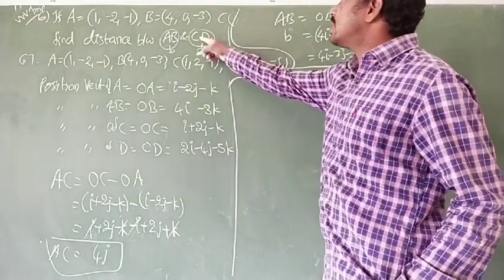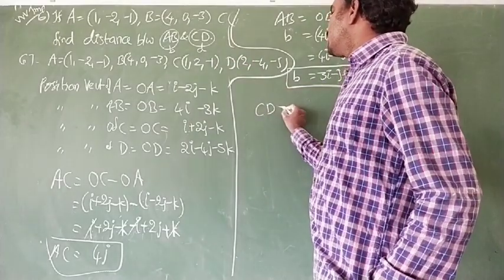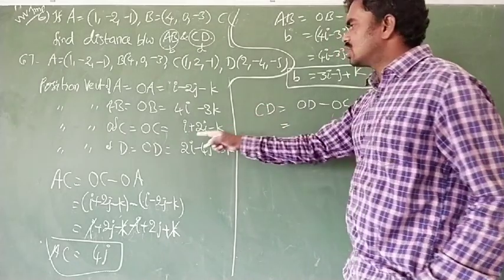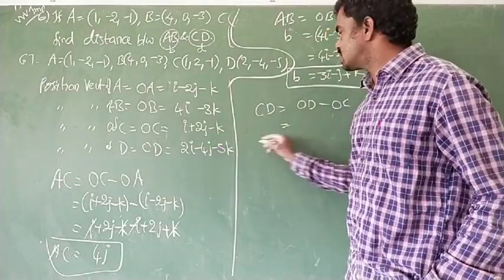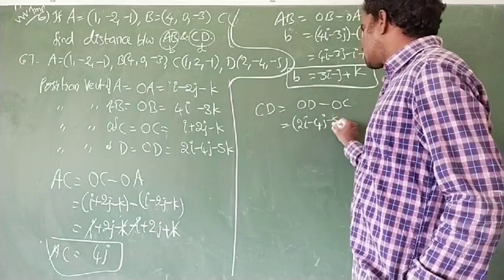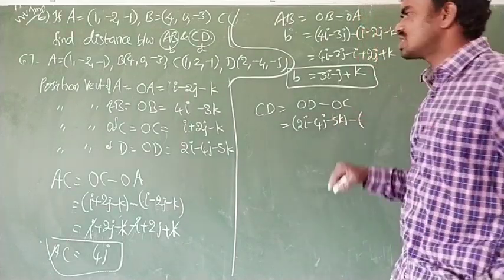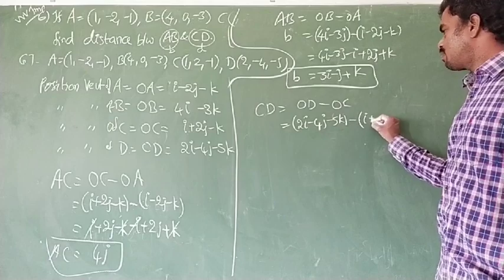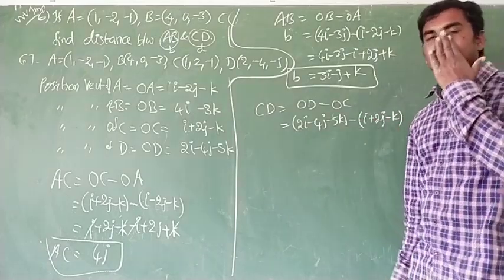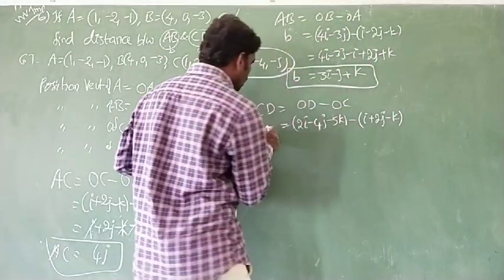Next, what is the second one? CD. CD means OD minus OC. OD is the position vector of D, that is 2i minus 4j minus 5k, minus OC. OC is i plus 2j minus k. CD means small d.